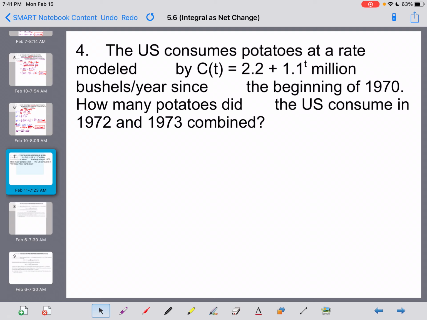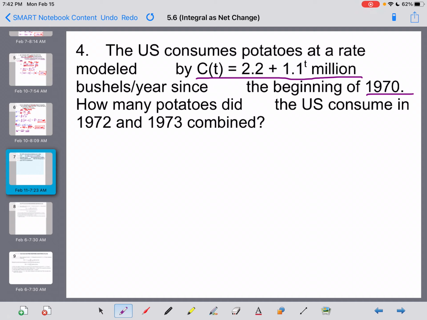The United States consumes potatoes at a rate modeled by this function here, C of t, that's a consumption function as a function of time, I should say, is 2.2 plus 1.1 to the t million bushels per year since the beginning of 1970. Okay, they're being specific about how they lay that formula out, so that's pretty good. Question now: how many potatoes did the U.S. consume in 72 and 73 combined?